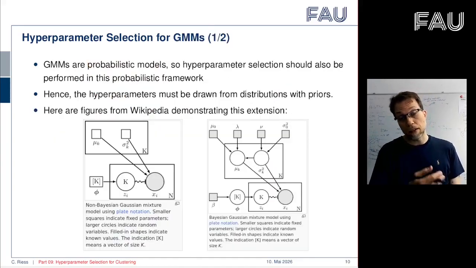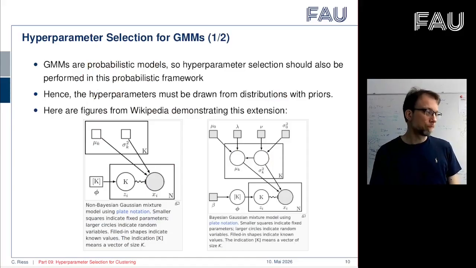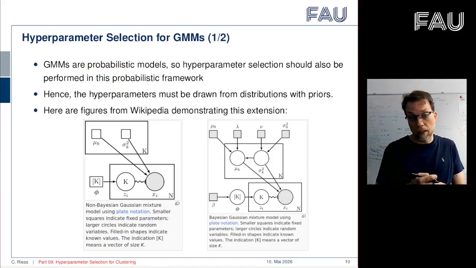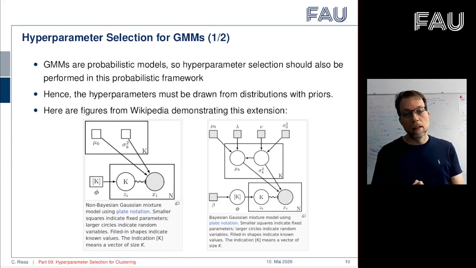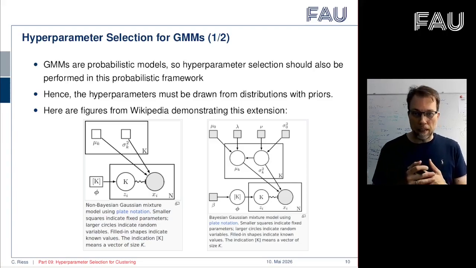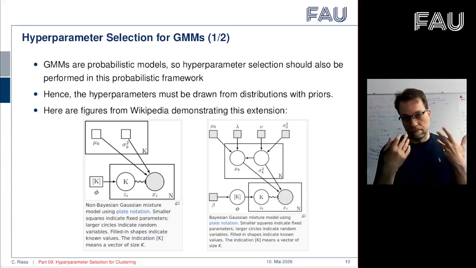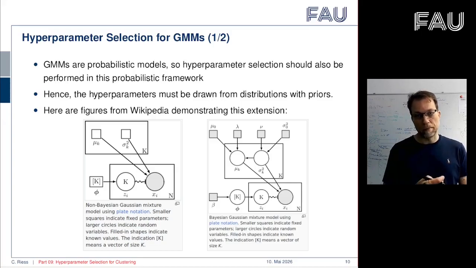Okay, let's talk about the Gaussian mixture models. For the Gaussian mixture models, we argued, well, these are probabilistic models, Bayesian. If we carry this through this argument, then we should say hyperparameter selection should also be probabilistic, part of that probabilistic framework, which effectively means that we're moving from a situation, I have it here on the left, where we have observations.